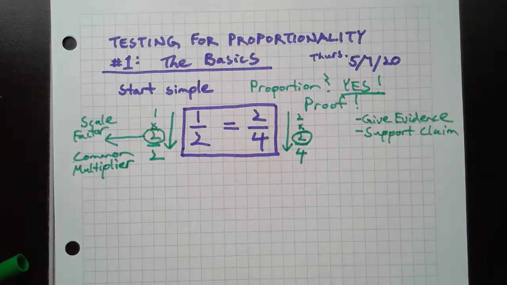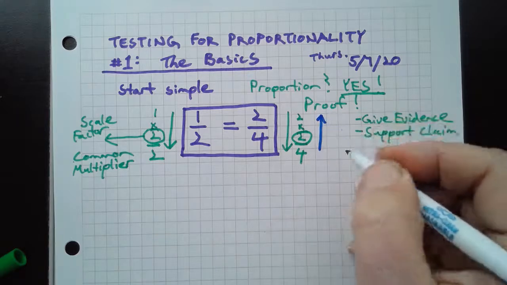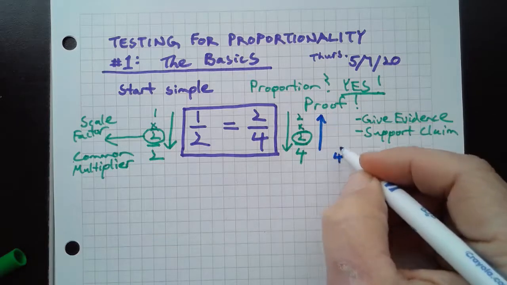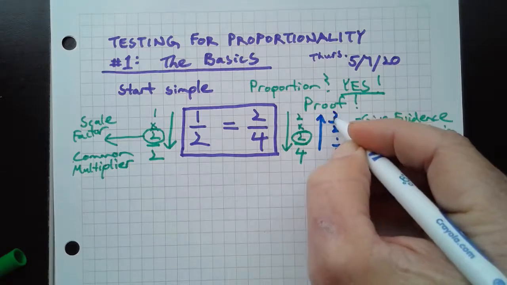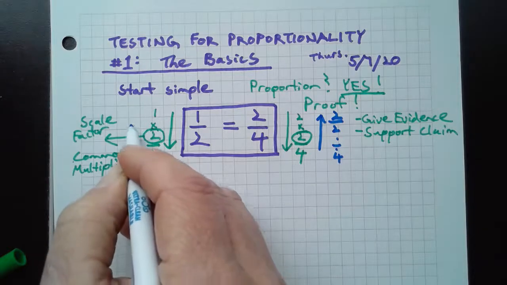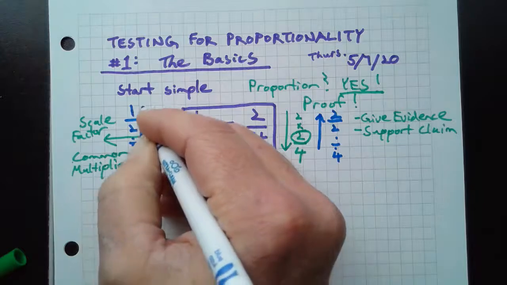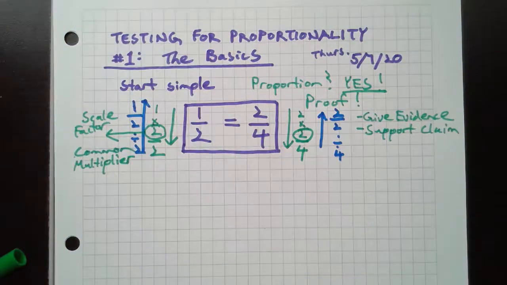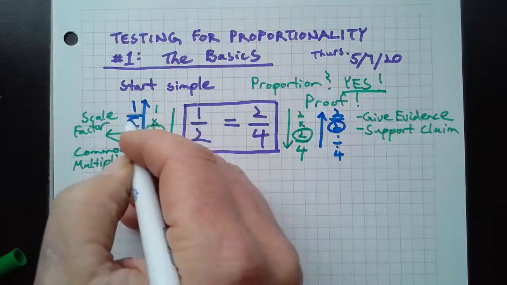At the same time, if I can multiply something from top to bottom, that also means if I go from the bottom to the top, 4 divided by 2 equals 2, and 2 divided by 2 equals 1. That's going from bottom to top. In case that looks upside down, it's on purpose. There's that common divisor.